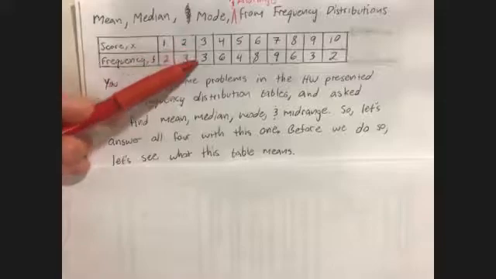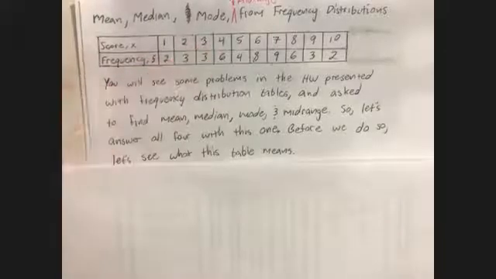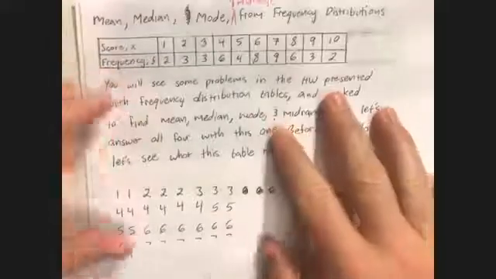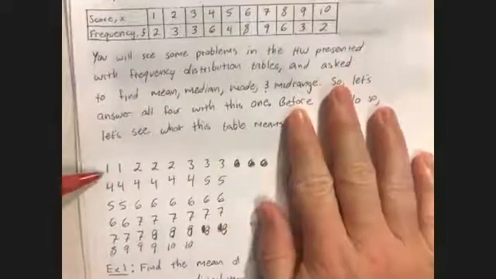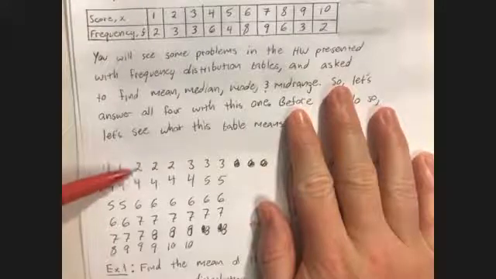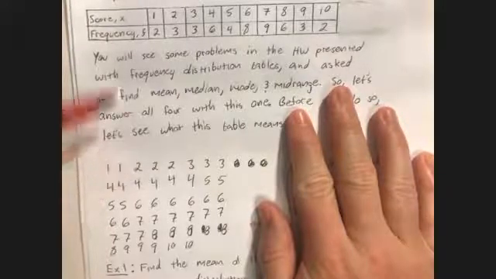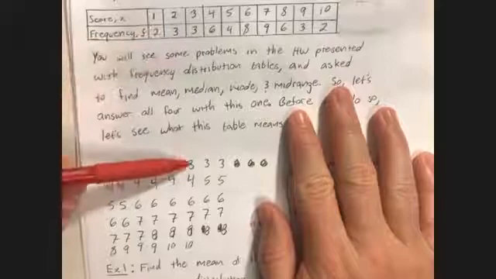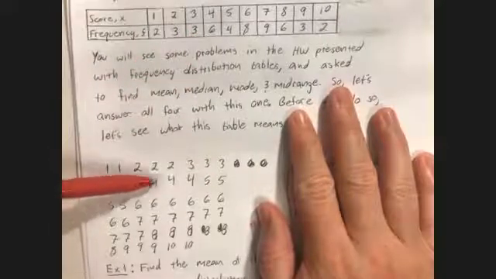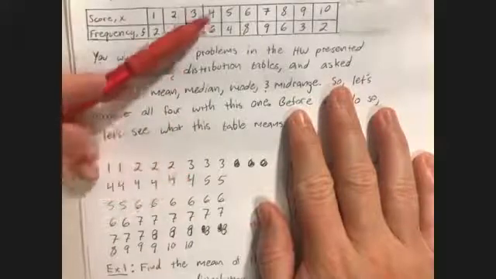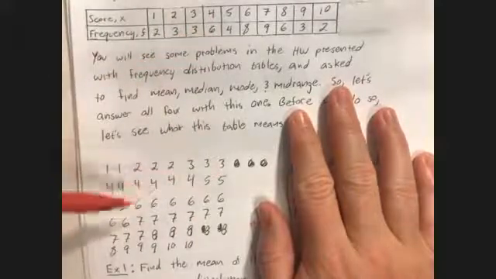The score of 3 shows up 3 times, 4 shows up 6 times. What that means is I can write 1 twice, 2 3 times, 3 3 times, 4 6 times, 5 4 times, and so on.